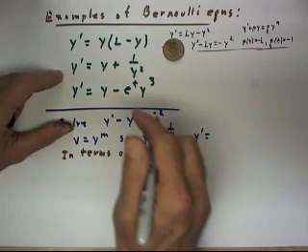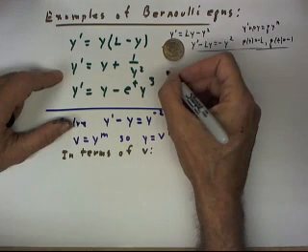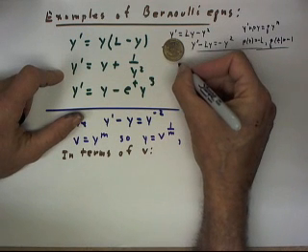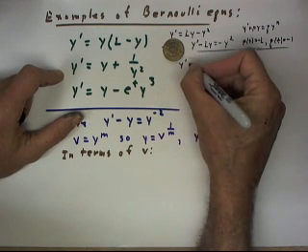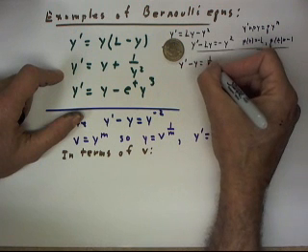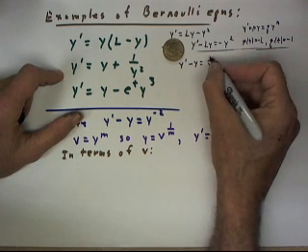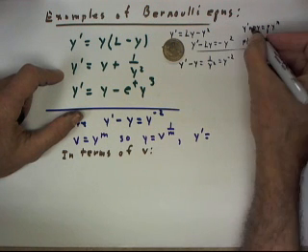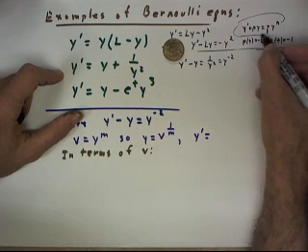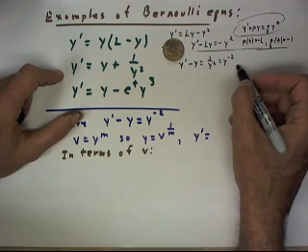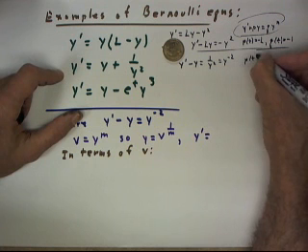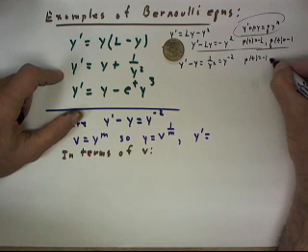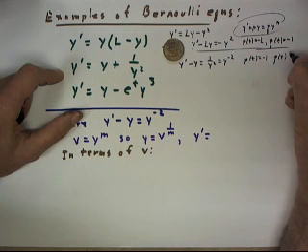This second equation, y prime equals y plus 1 over y squared. Let's write that out as y prime minus y equals 1 over y squared. Now 1 over y squared is y to the negative 2, so that this is also of the form required for Bernoulli equation, with p of t equal to negative 1 and q of t equal to 1.